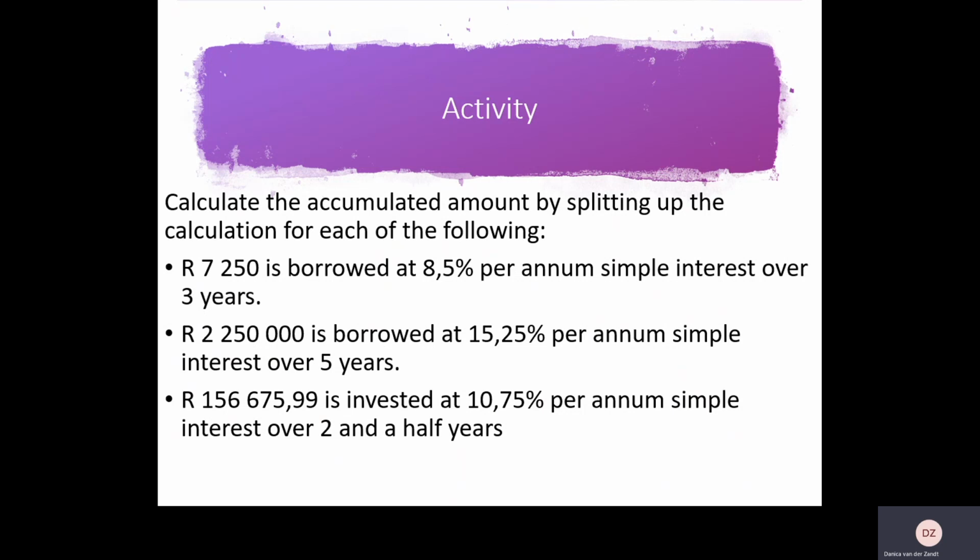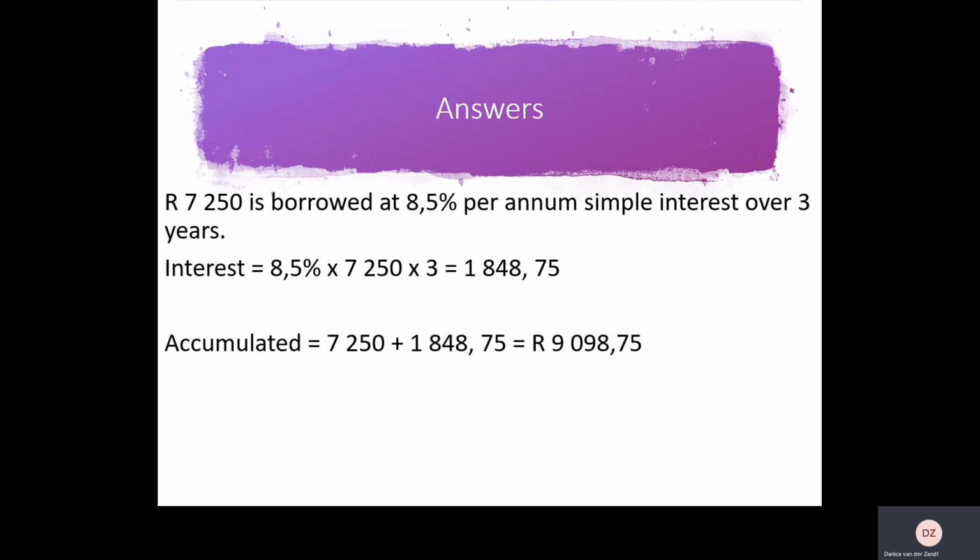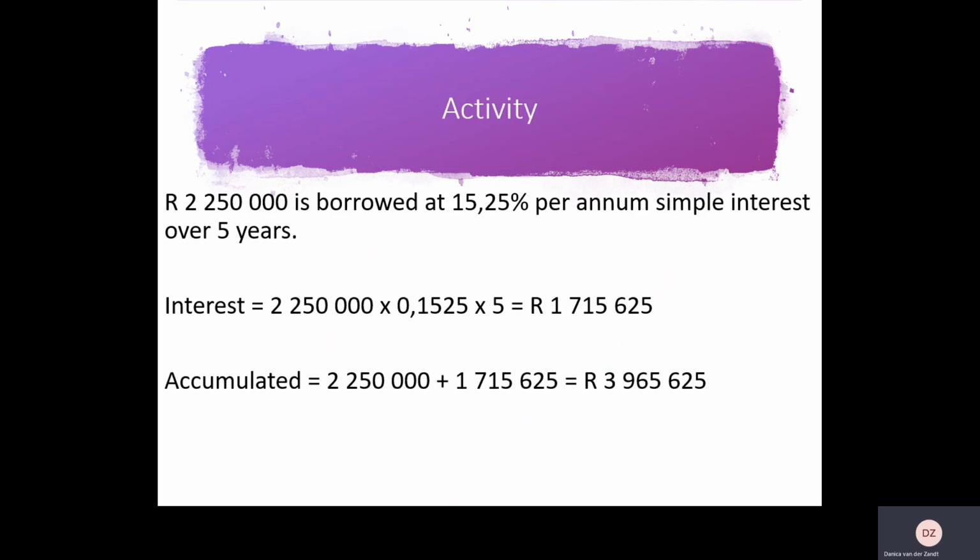Okay, looking at that first one. We have 7,250, that's the one we just did. Here's the next one, 2,250,000 is borrowed at 15.25% per annum simple interest. That means 2,250,000 times, and I have done it in decimal form so that you can see what it looks like, 0.1525. If you use 15.25, as long as you have the percentage on the calculator, I'm happy.